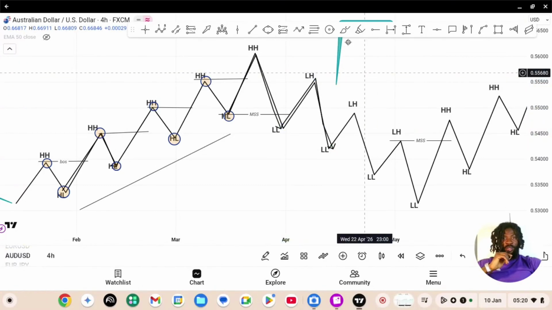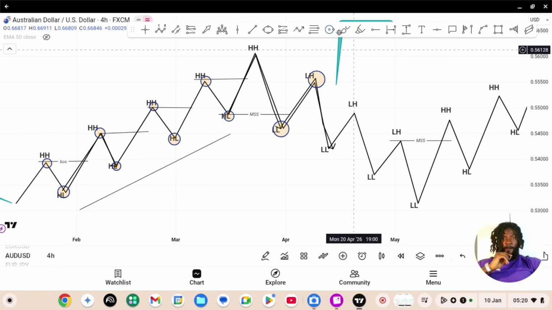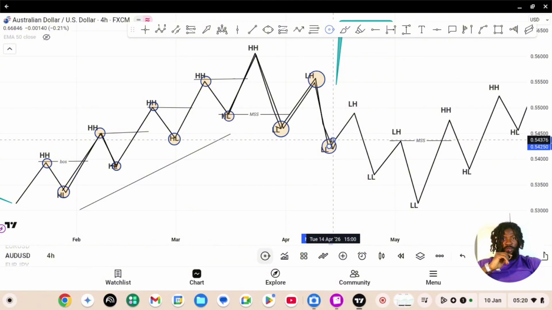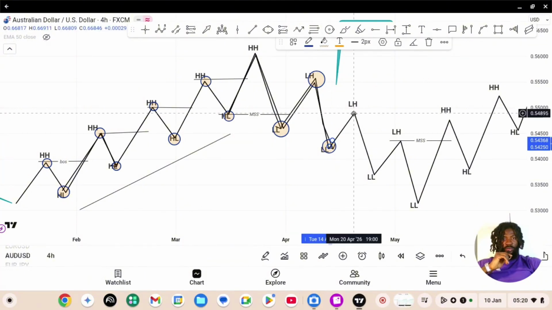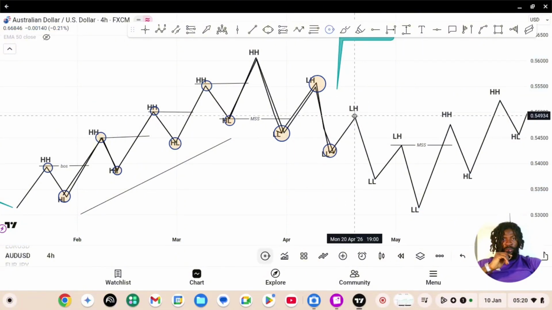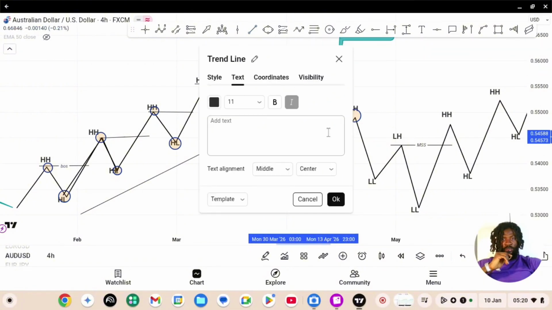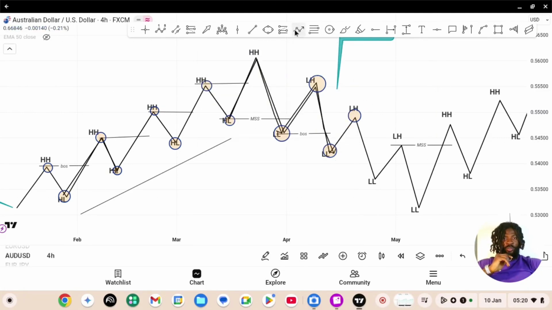Now we are having a series of lower highs and lower lows, a series of breaks of structure downwards.